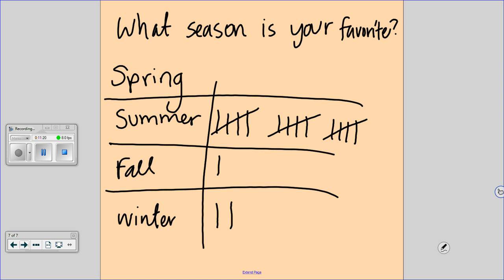So there's my 15 friends in summer. Do we see how when I arrange them in groups of 5 like that, it's a lot easier to quickly tell how many of you voted for summer versus all my individual tally marks? Sabrina? Because it's easier to count with 5. Yeah, it is easier to count by 5.